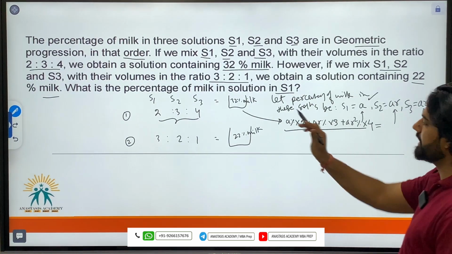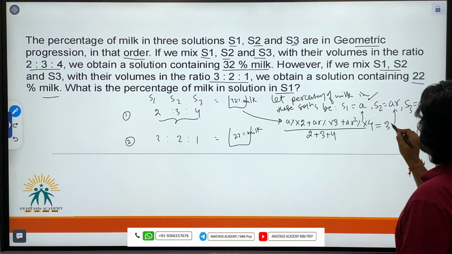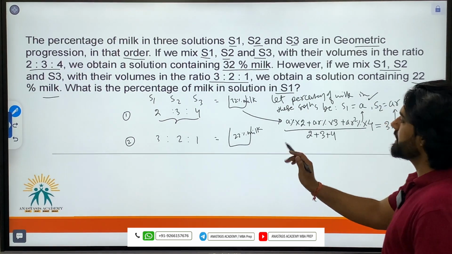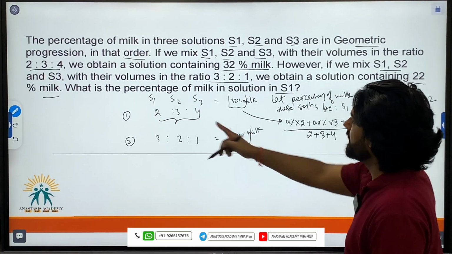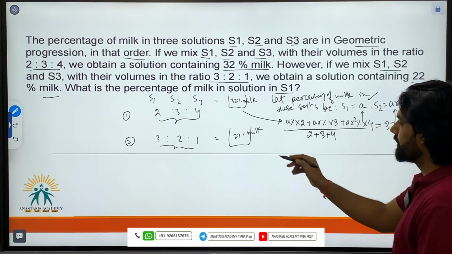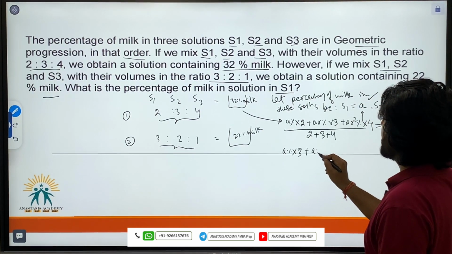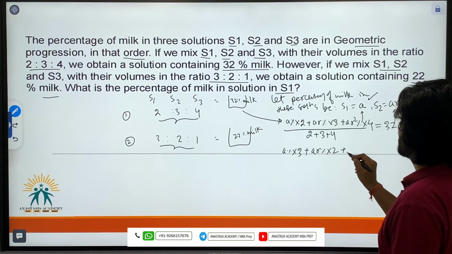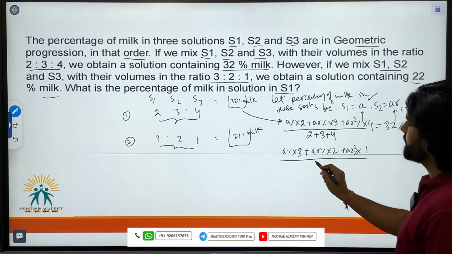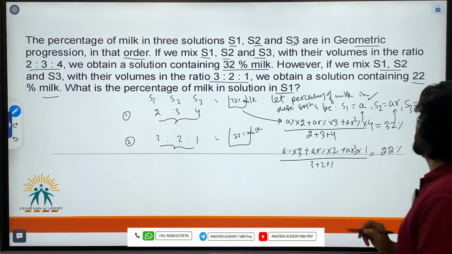This is nothing but the weighted average, and it is equal to 32% of the milk, right? The second equation is the same, these three solutions, now only the ratio is changed, right? So A percentage of milk in this ratio now, AR percentage into 2 plus AR square into 1, in percentage upon 3 plus 2 plus 1, is equal to 22%, right?